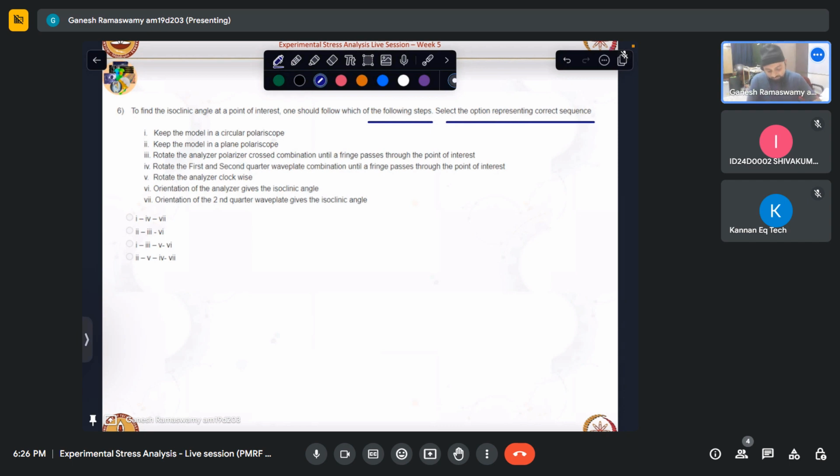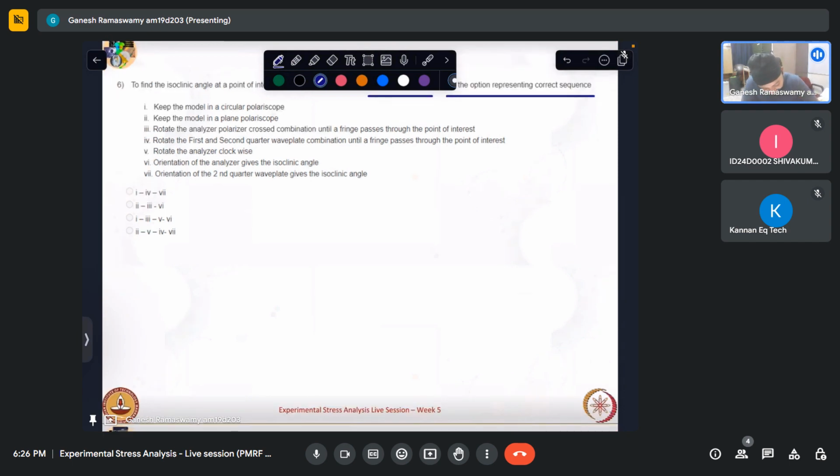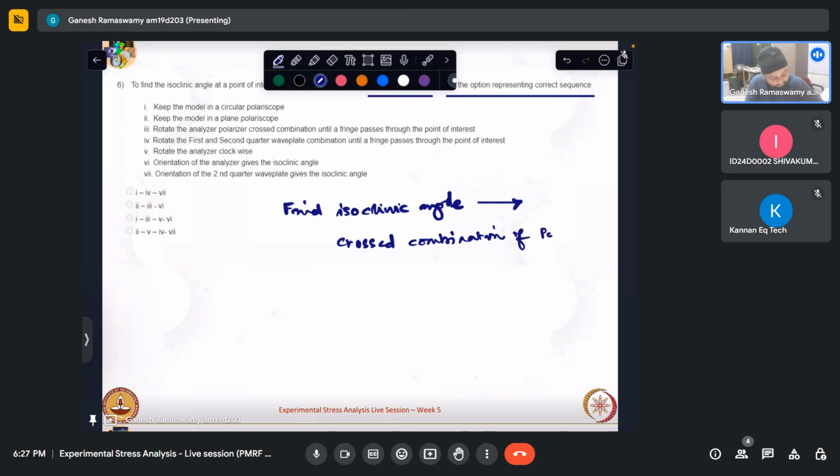Okay, so our motive is to find the isoclinic angle. And this we saw in the very first example, we saw a crossed combination of polarizer and analyzer.